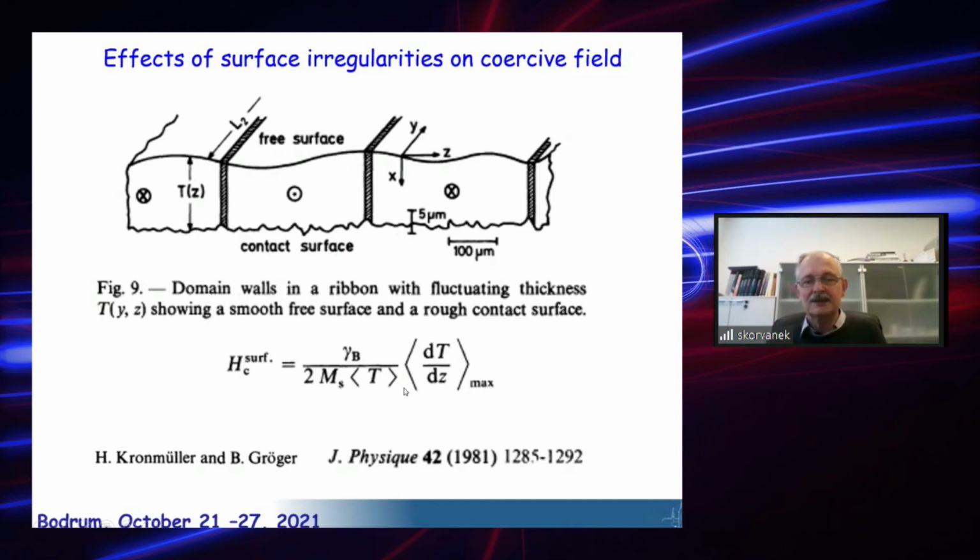And this contribution is as follows. Here, this one is the average thickness, and this part is the maximum surface gradient, average maximum surface gradient. If we consider that the surface of the single layer, bilayer, three-layer, the roughness is comparable, then of course coercivity will scale as 1/t, where t is the thickness of the ribbon, which is what we observed in our case.